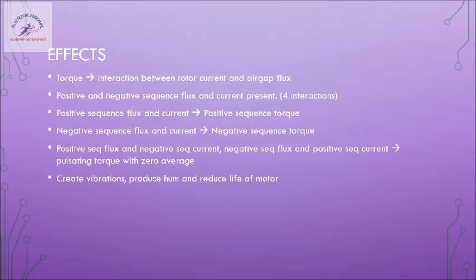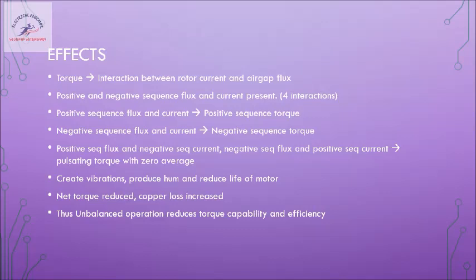Even though mathematically two equal and opposite forces acting on the rotor have a net effect of zero, there may be certain stress points observed in the rotor. This reduces the life of the motor to a great extent. The net torque is reduced and hence copper loss will increase because of unbalanced voltages. Thus unbalanced operation reduces the torque capability and efficiency of the motor.